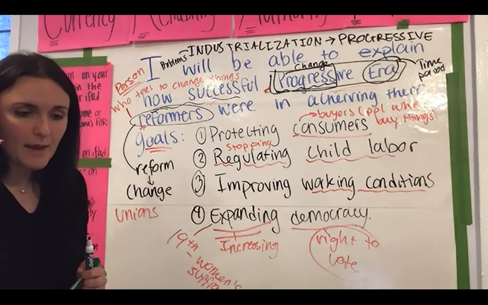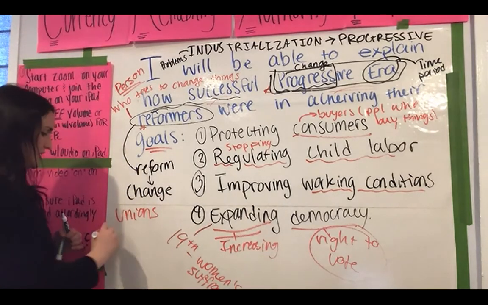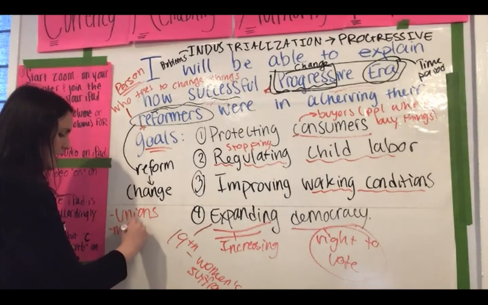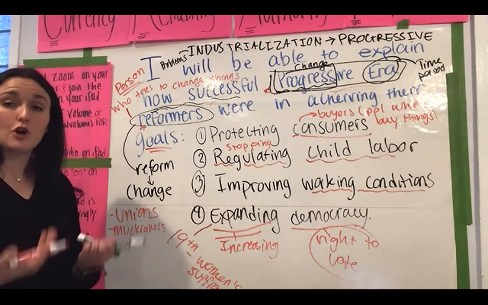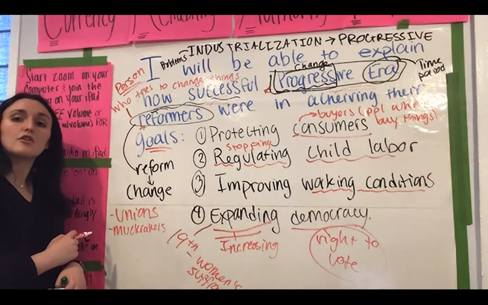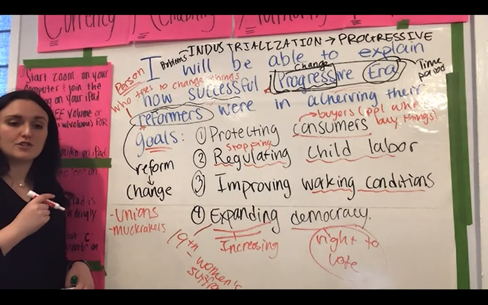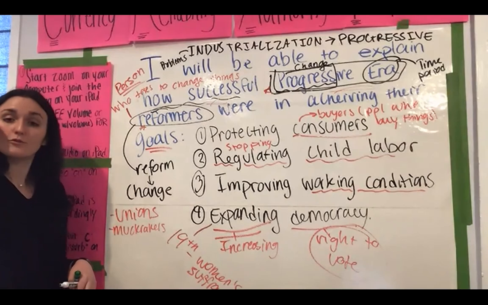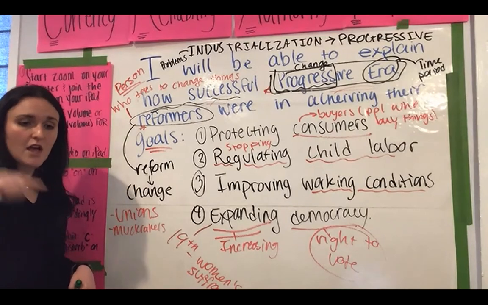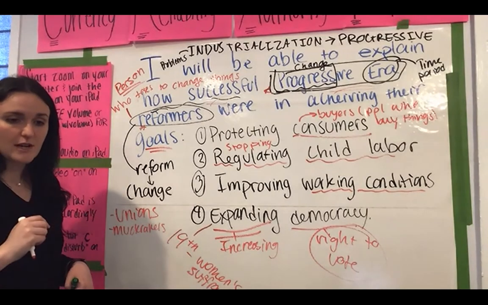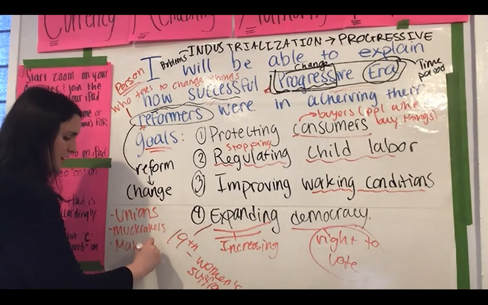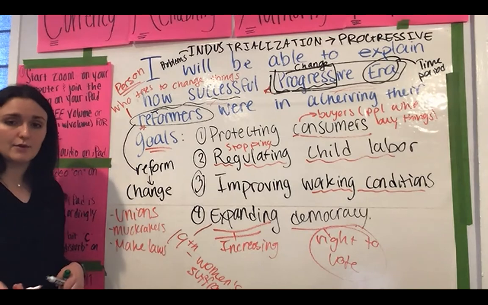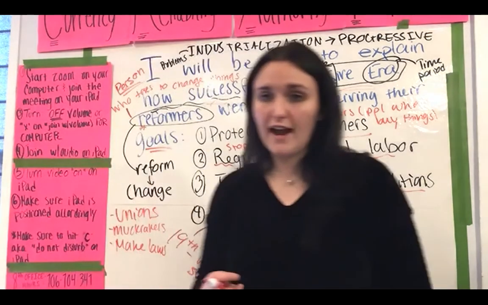You might have remembered that journalists such as muckrakers took pictures or wrote articles to show people about the problems related to industrialization. Think about Jacob Riis or Upton Sinclair. You might have also said for question number 3 that the government had to make laws to get rid of child labor or to improve conditions in the factories.